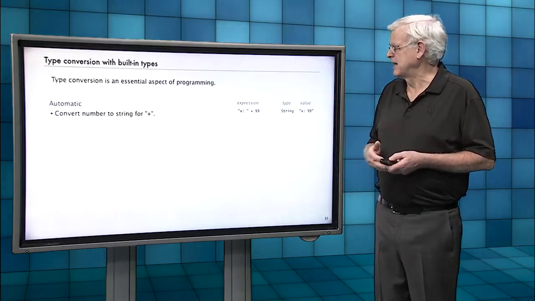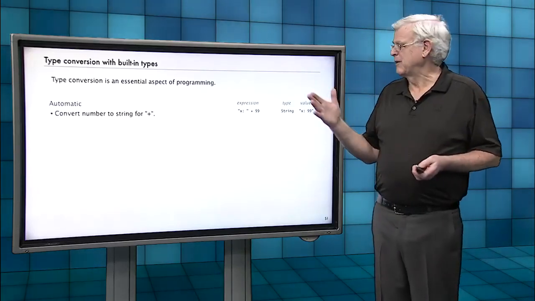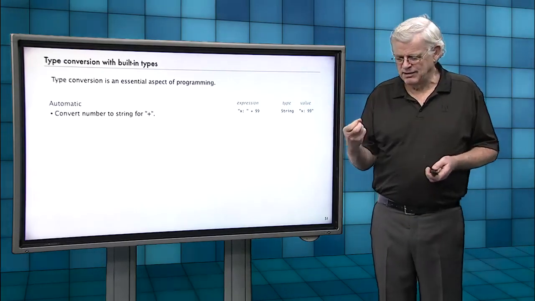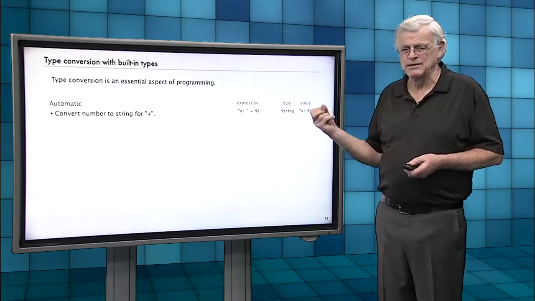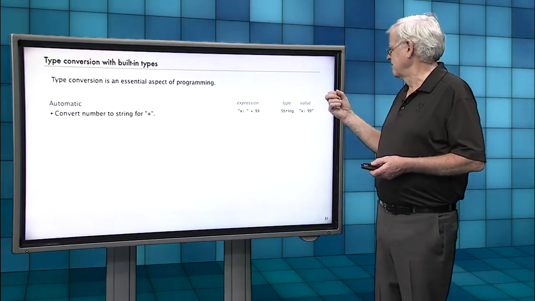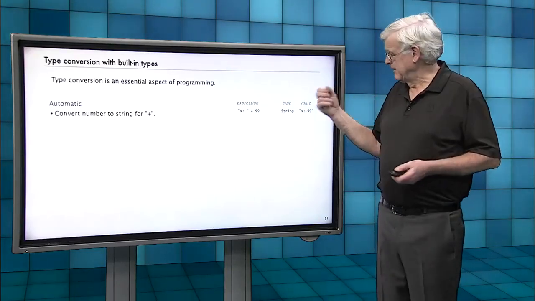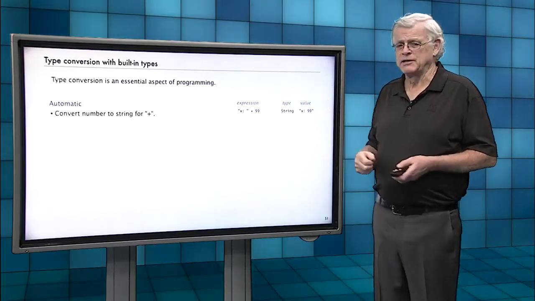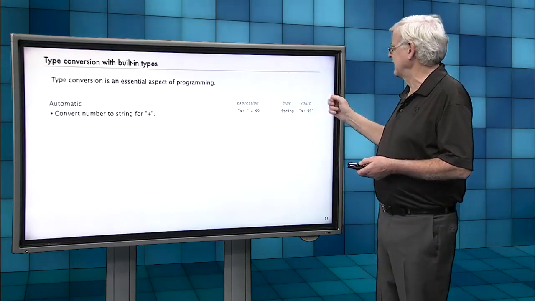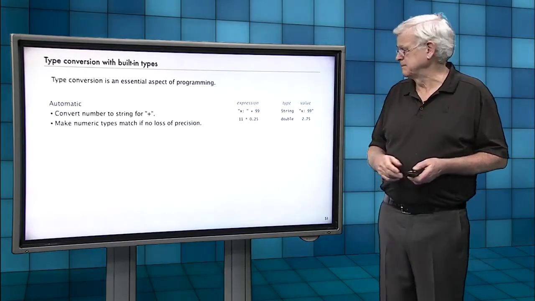There's 3 ways that it can happen. So we've already talked about automatic. If we have plus and one of the arguments is a string, and the other is a number, it's automatically going to convert that number to a string to get the concatenation done.